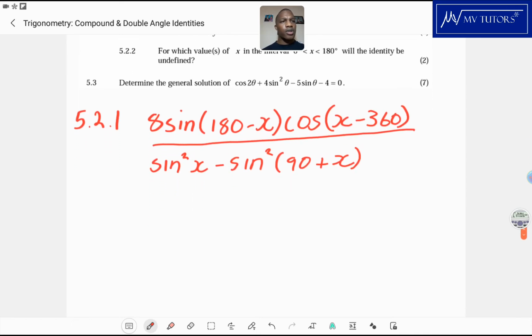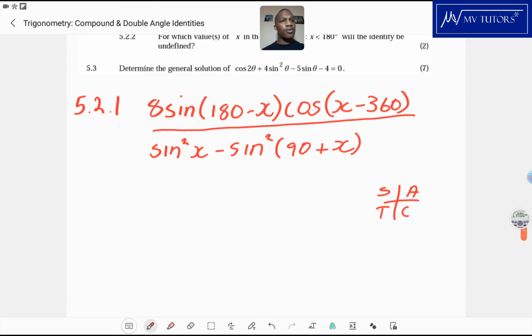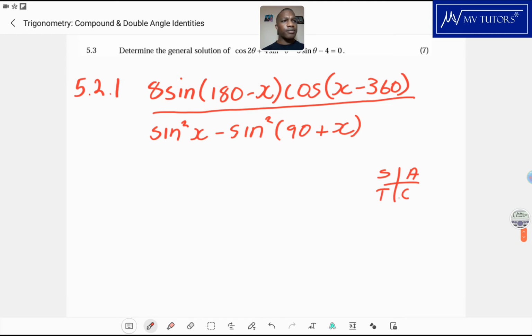What tools are we going to need? We're going to need our CAST. Using the CAST, we can get rid of the brackets.